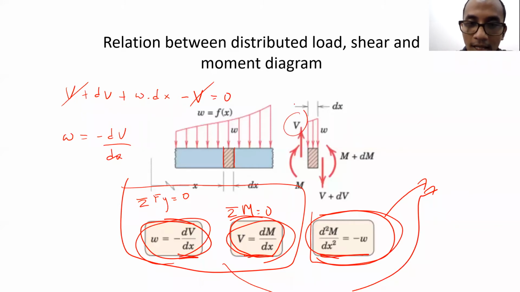Here is V, and on the right edge there is a slight difference, and the slight difference is assumed as dV, delta V actually. Do you get it? Okay, I understand now. The same for the moment. It's just an assumption that between the left edge and the right edge there is a slight difference in the value of V and M, like that.